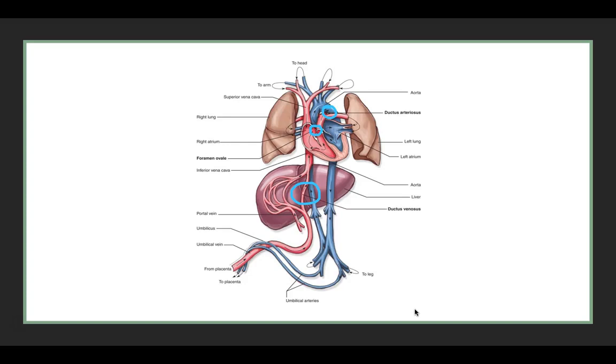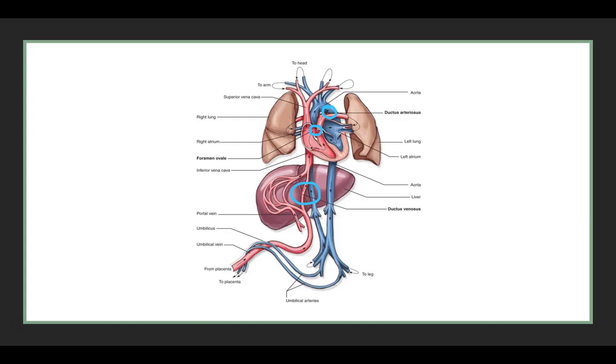So the ductus arteriosus is going to send the oxygen-poor blood to the organs in the lower half of the fetal body. This also allows for the oxygen-poor blood to leave the fetus through the umbilical arteries and get back to the placenta to pick up its oxygen.